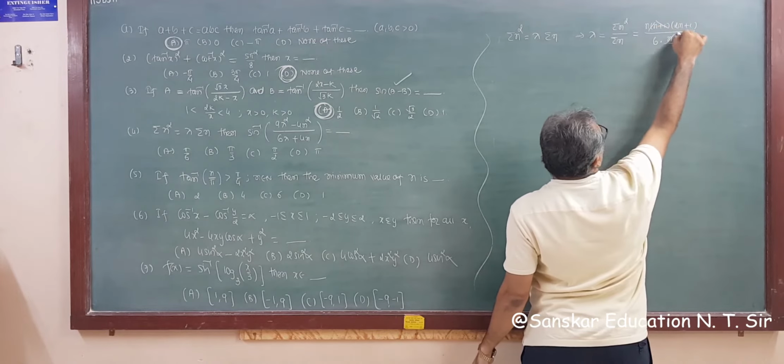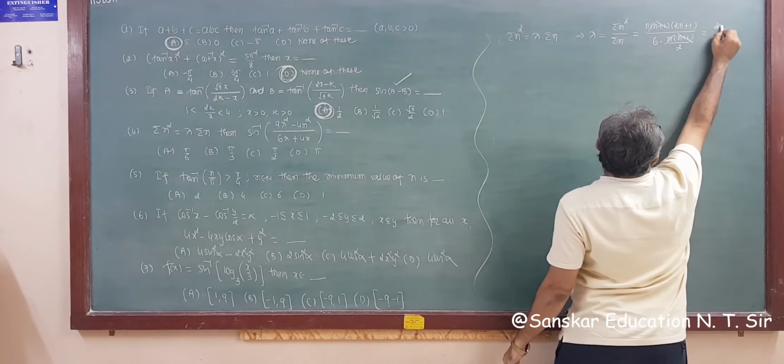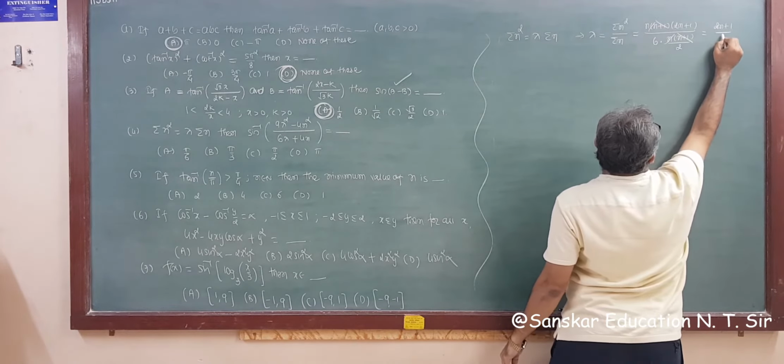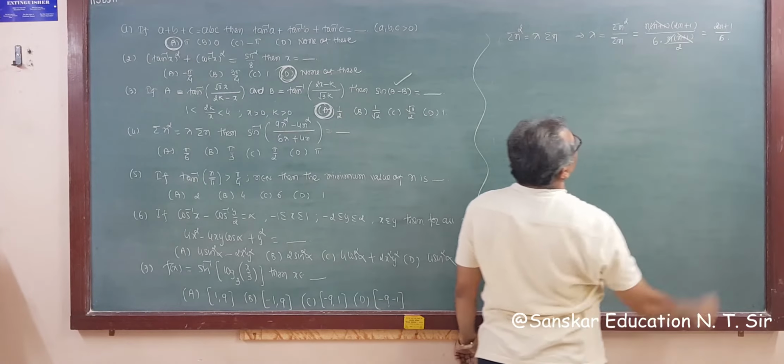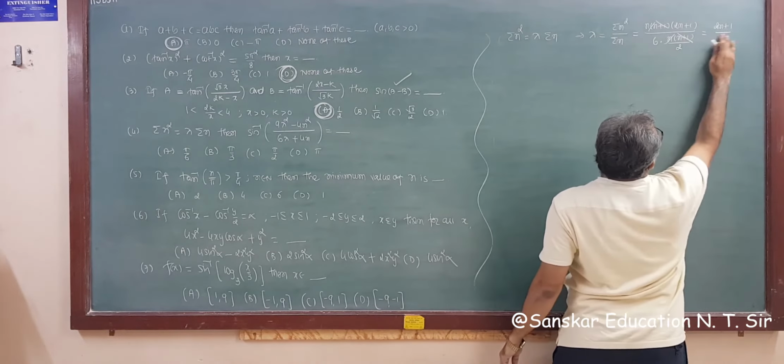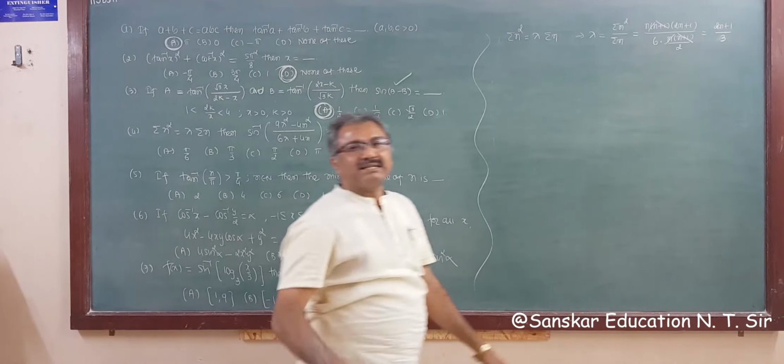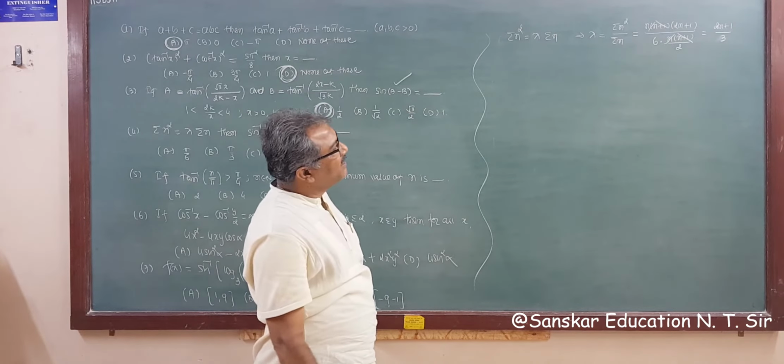So this n plus 1 cancels. So your answer will be twice n plus 1 by 6, and this is 3. So the answer is twice n plus 1 by 3, right?